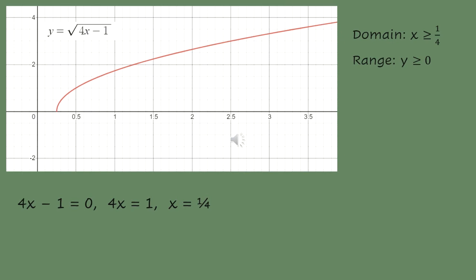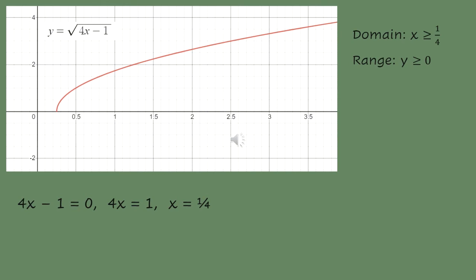Any number larger than 1/4 will give me a positive value that I could then figure out the square root for. But any number lower than 1/4 is going to make 4x minus 1 negative. And the square root of a negative value is not defined. So the domain is x greater than or equal to 1/4, and the range are all values greater than or equal to 0.